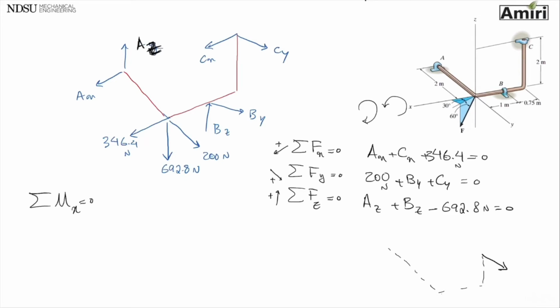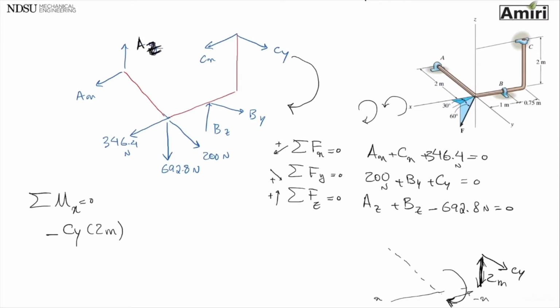CY is trying to rotate this whole thing about the x-axis. For CY, the distance to the x-axis is 2 meters, and if I use the right hand rule, fingers curl toward this direction, that's pointing towards minus x.